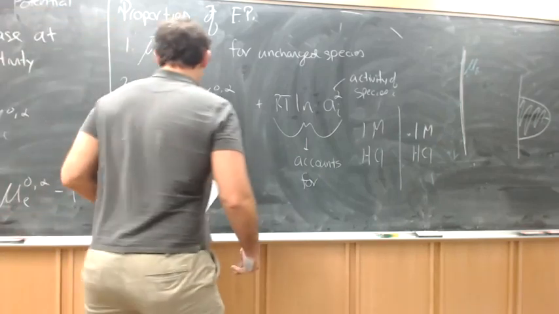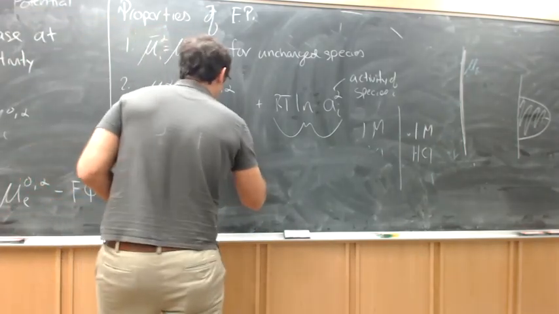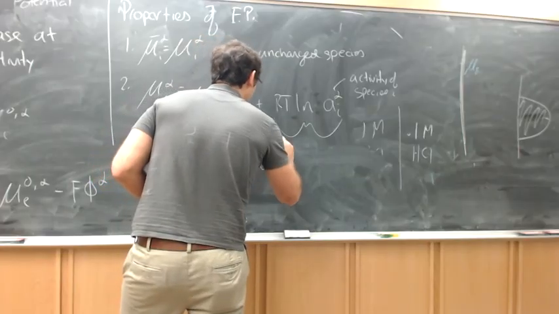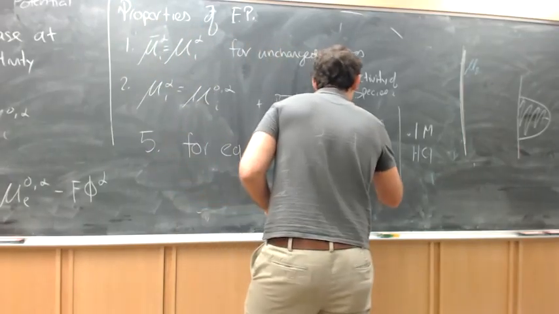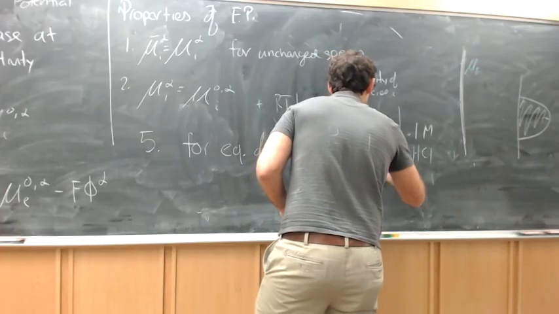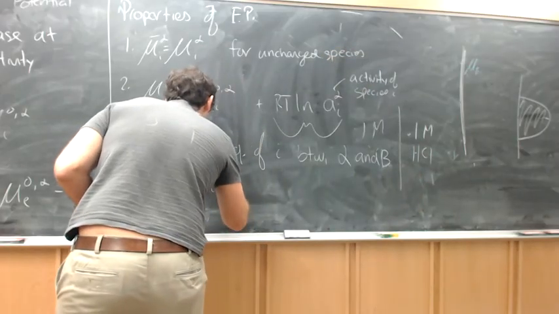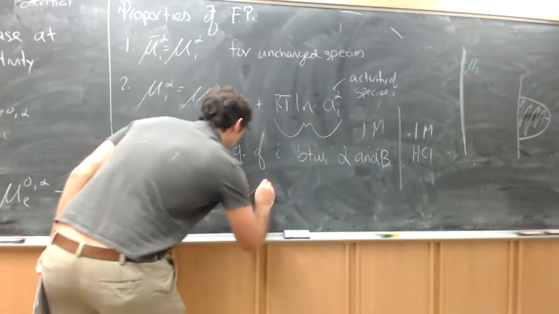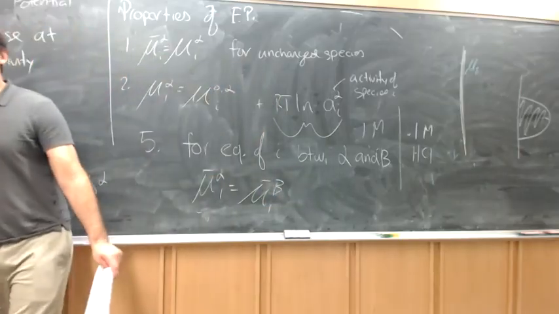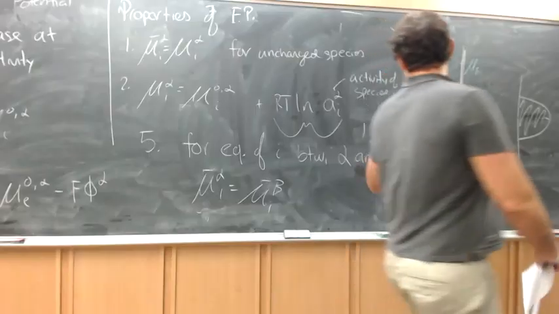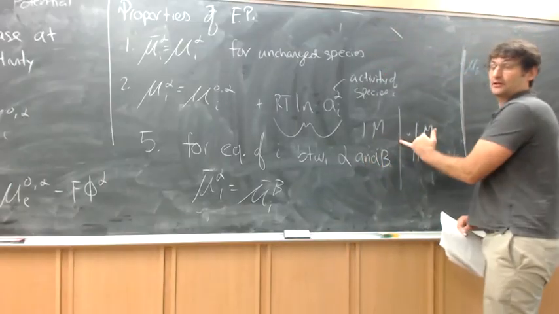And then 5, for equilibrium of species i between alpha and beta, mu bar alpha i equals what? Mu bar beta i. So any species, right? These are not in equilibrium if I have a separator there, because the concentrations are different.